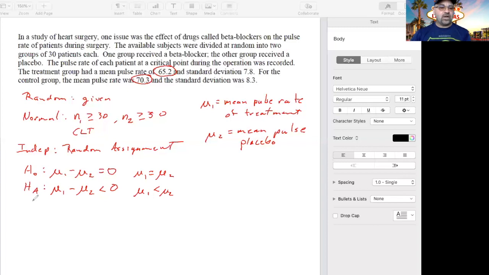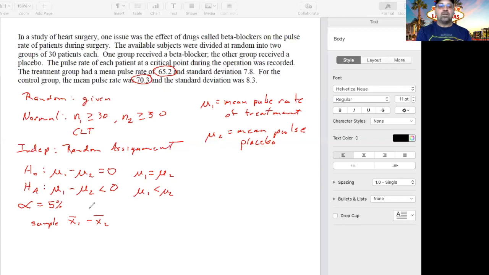I need to decide on an alpha, and I'm going to set my alpha to be 5%. A lot of times that's not a choice you get, but in this particular case, we did get that. My sample statistic is x1 bar minus x2 bar.